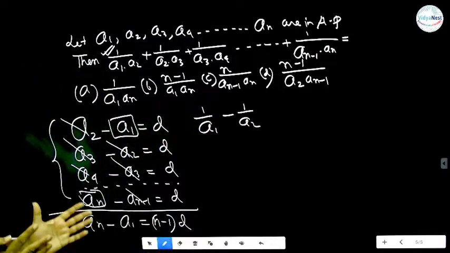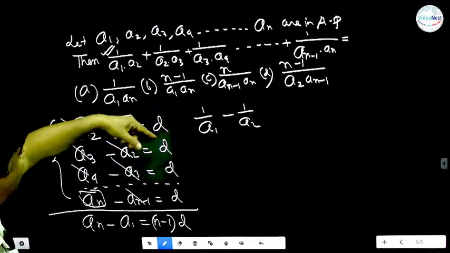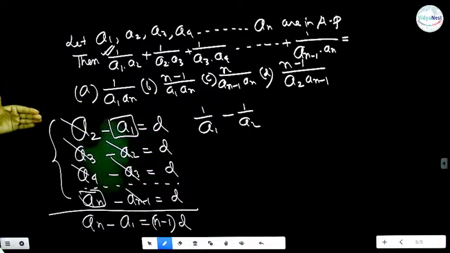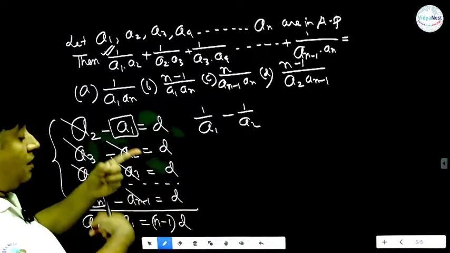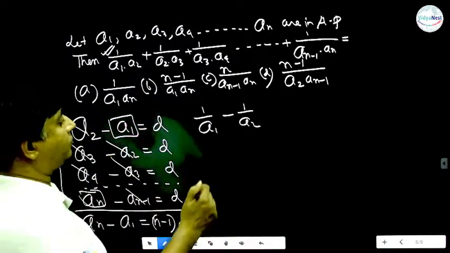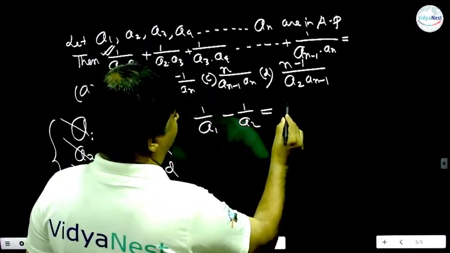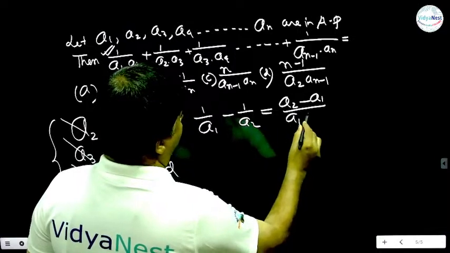You can ask me, how can you write that? Because here I took A2 minus A1, that means A2 was considered greater than A1. So if I reverse it, that relation will also be reversed. 1 by A1 is now greater than 1 by A2. That will give you what? A2 minus A1 by A1 A2.